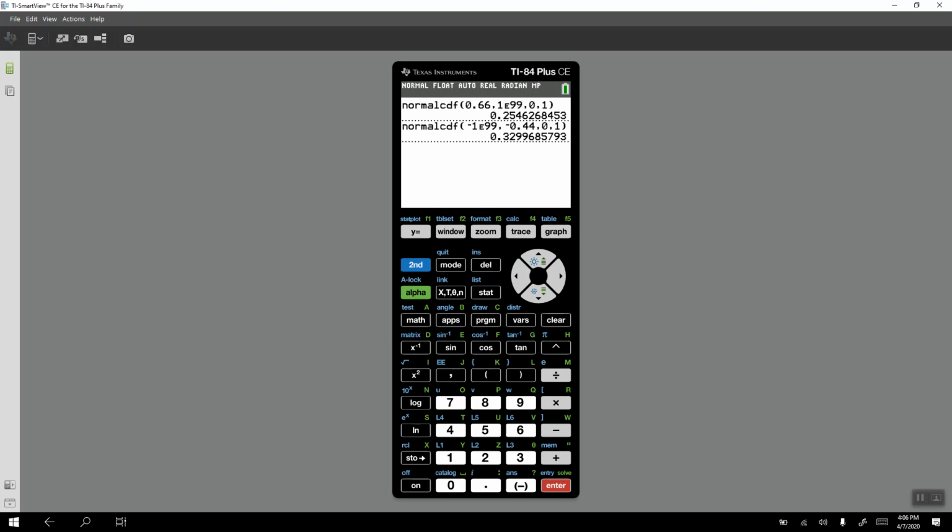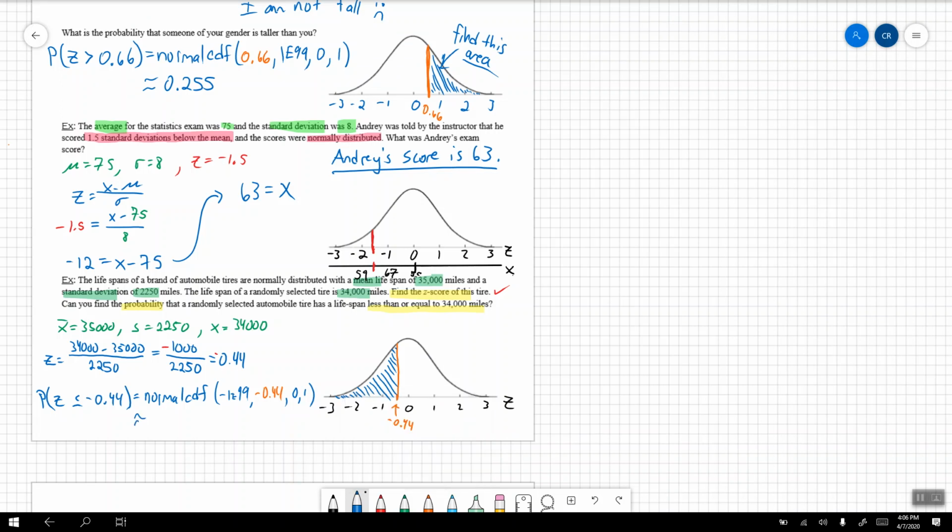Take 3 decimal places, so it's going to be 0.329, or we can call this 0.330. So there's our probability. Now, if we wanted to, we could express this as a percentage, and that percentage would just be 33%. So the probability that a randomly selected automobile tire has a lifespan less than or equal to 34,000 miles is roughly 33%.